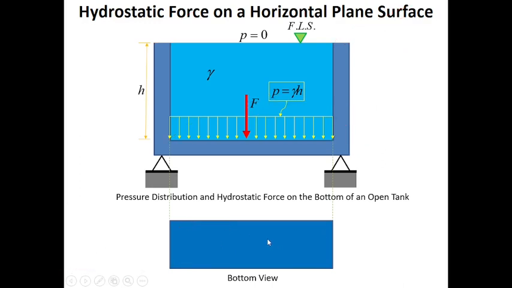So, we now proceed. This is the area. To get the force on this area, it is the product of the pressure at the bottom multiplied by the area.